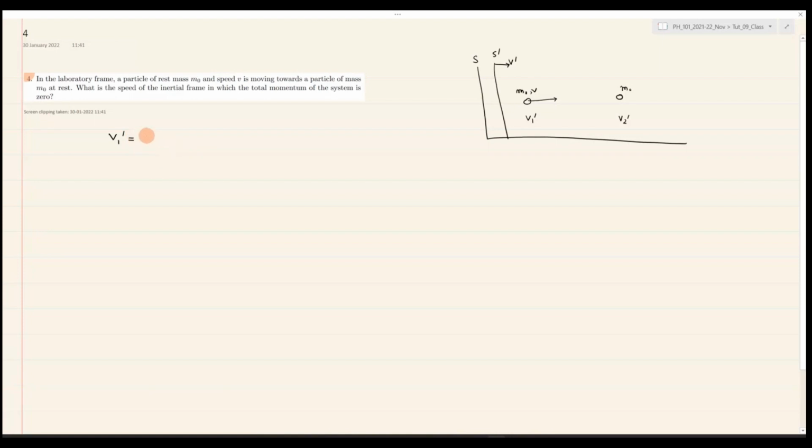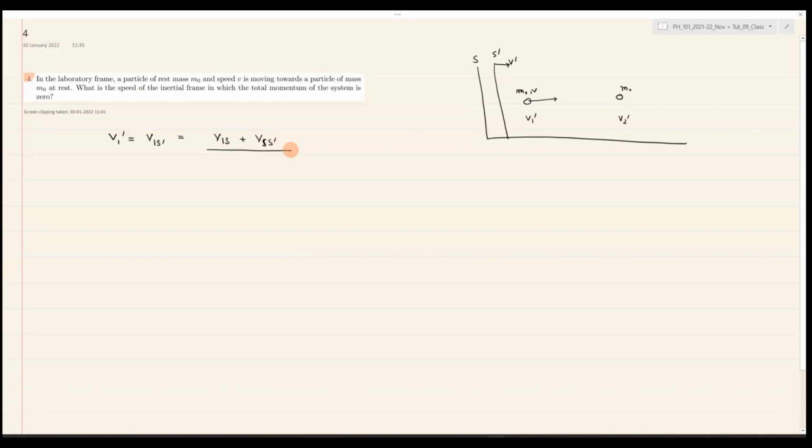Yes, that velocity addition formula we have to use: u minus v upon 1 minus uv by c square. We want to find the speed of 1 with respect to S prime. In Newtonian, we would write speed of 1 with respect to S plus speed of S with respect to S prime.